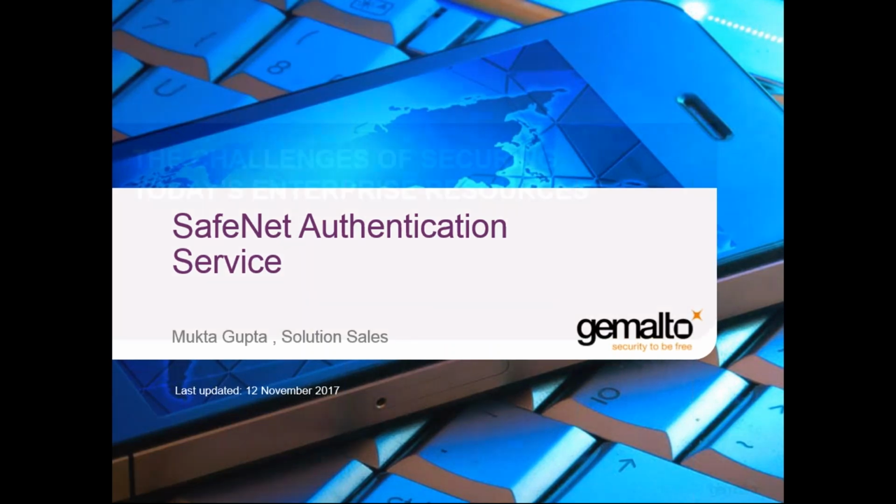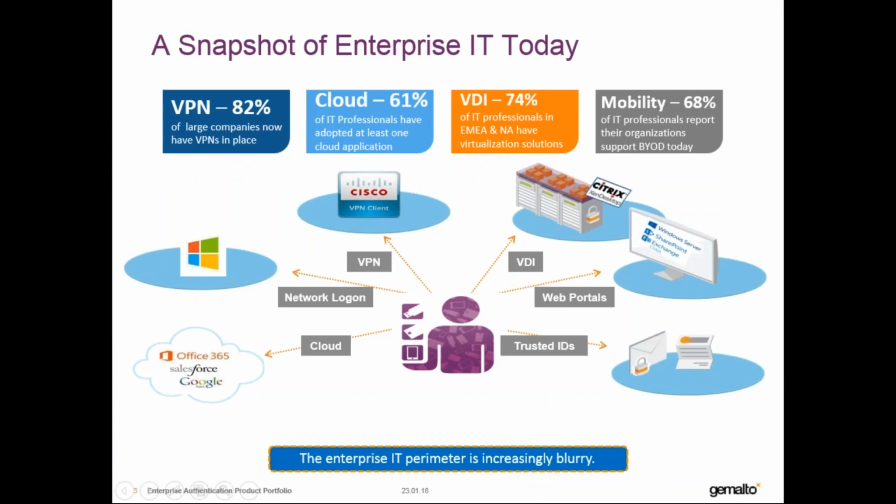Now if we see, there is a wide range of applications being used within organizations by various users. Some of them will be using the standard VPN. Today, 82% of the companies are using VPN, there will be 61% using cloud applications, and 74% using VDI, and there might be other applications which bring mobility for the employees.